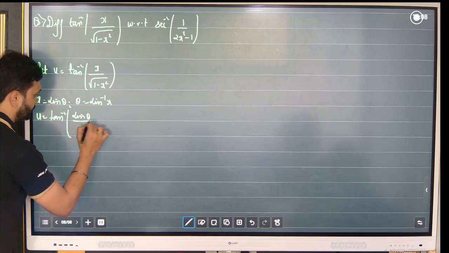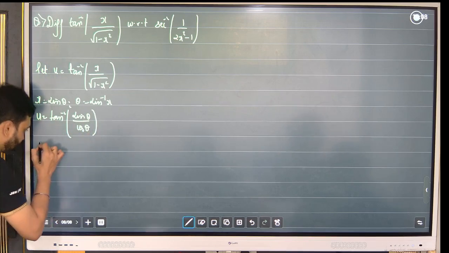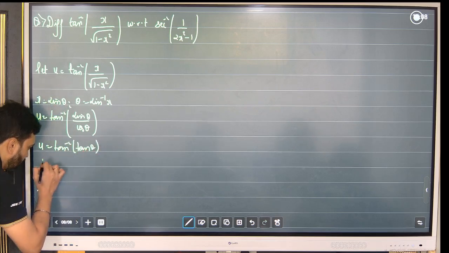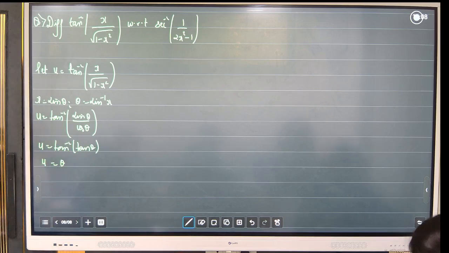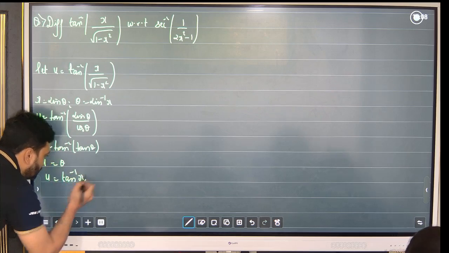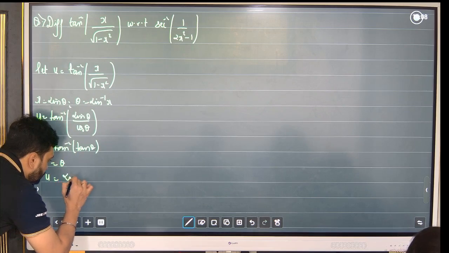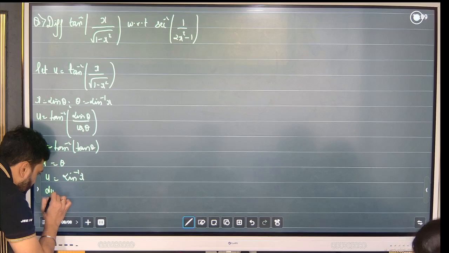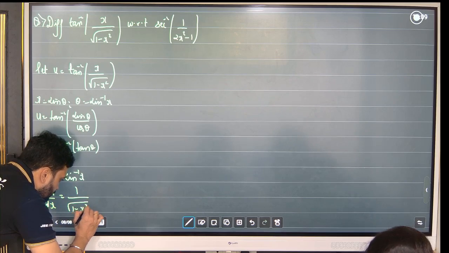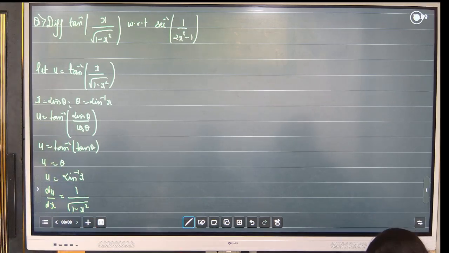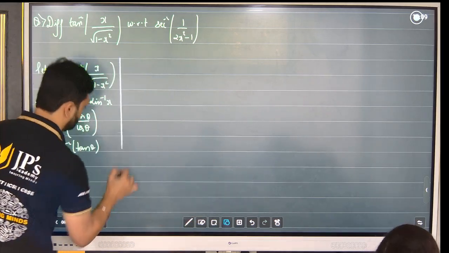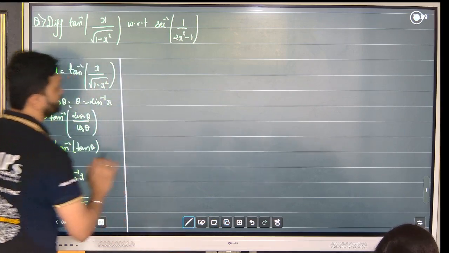Tan inverse of sin theta upon cos theta. u is equal to tan inverse of tan theta, u is equal to theta, and therefore u is equal to sin inverse x. So du by dx will become 1 upon under root of 1 minus x square. This is your first term.